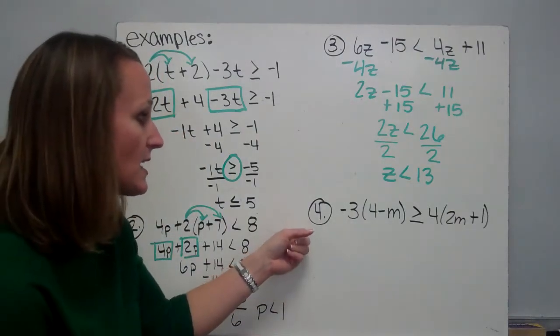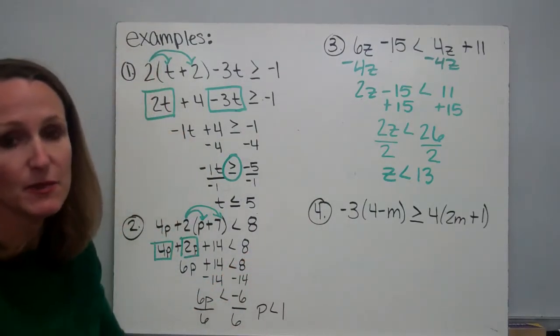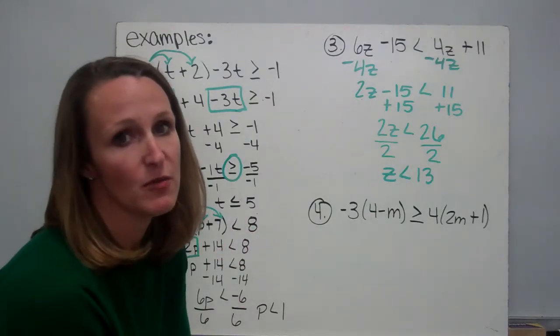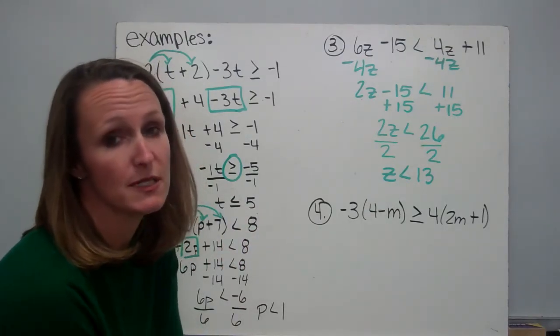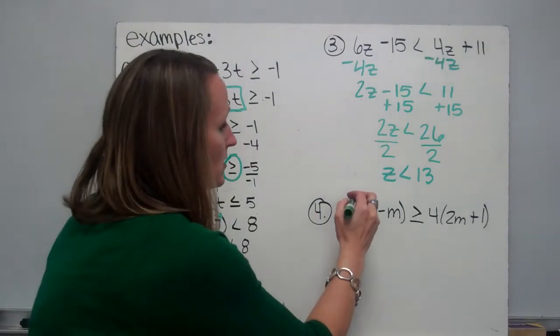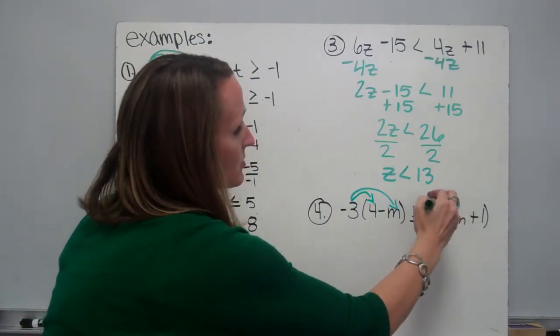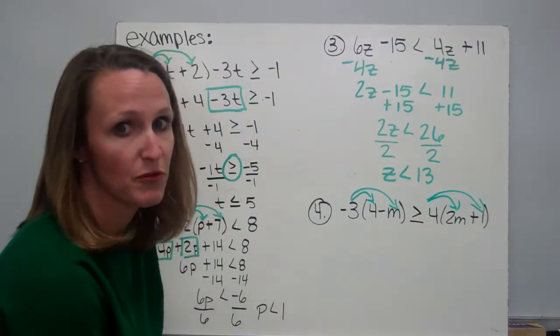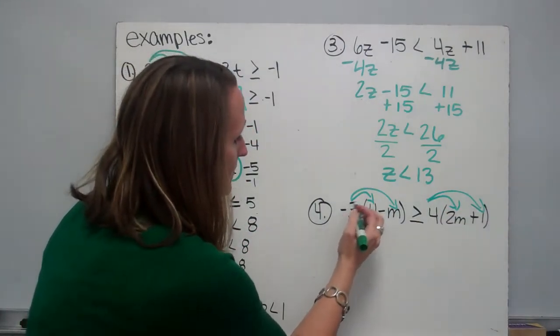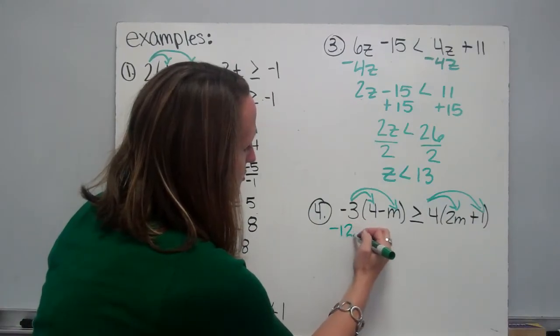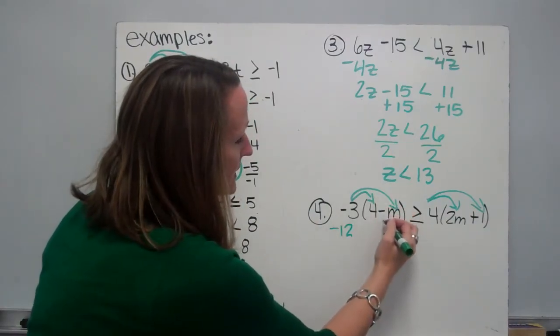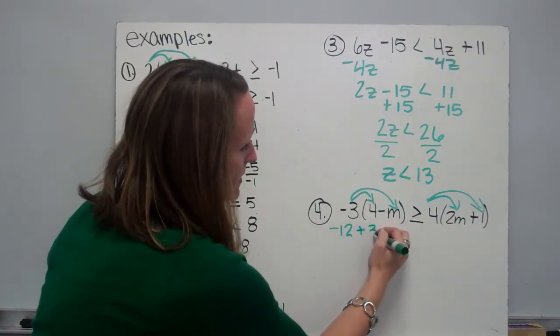Okay, so let's look at this last one. This one's a little nasty because before I can start shifting variables from one side to the other, I have 2 sets of distributive property issues. So I need to distribute this negative 3 everywhere, and I need to distribute this 4 everywhere before I can start working. So first, this side, I'm going to get negative 12 plus 3m.